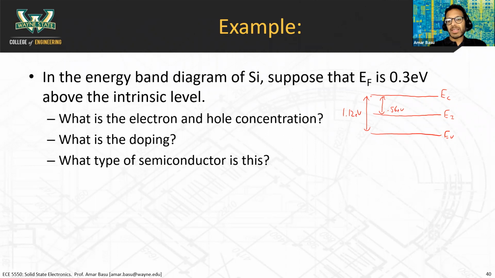So this problem is saying that the Fermi level is positioned 0.3 electron volts above the intrinsic level. So let's say it's right about here, 0.3 electron volts. This is the position of the Fermi level. Essentially I've given you the energy band diagram, and the problem is requesting that you calculate the electron and hole concentration.